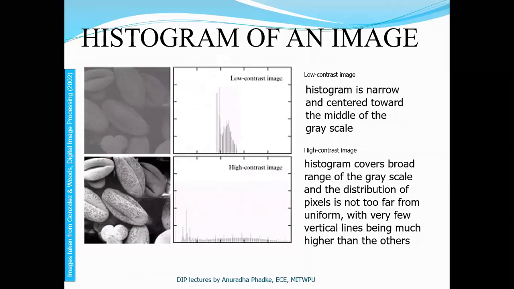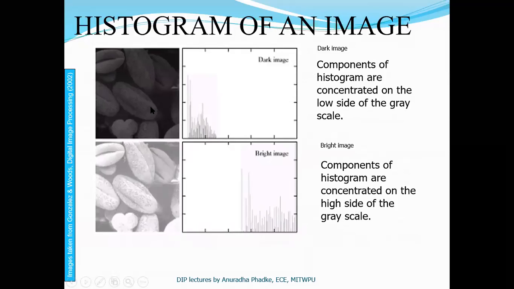Now, if we have a uniform histogram, we can get a good contrast image. Because of some flaws in the image capturing environment or image capturing device, if we get an image with low contrast, by modifying the histogram of the captured image, we can try to achieve a good contrast image. This technique is known as histogram equalization.